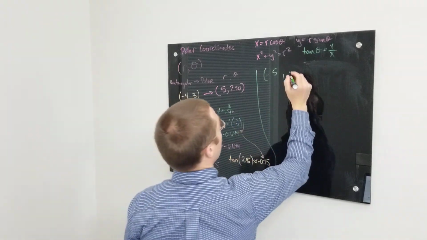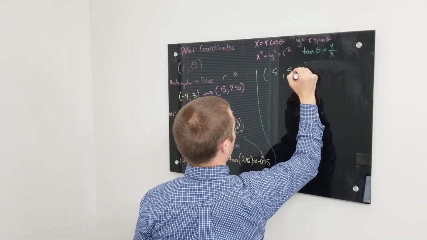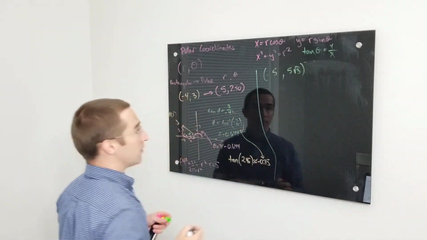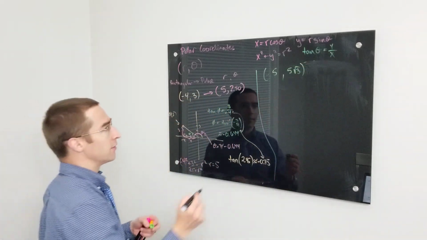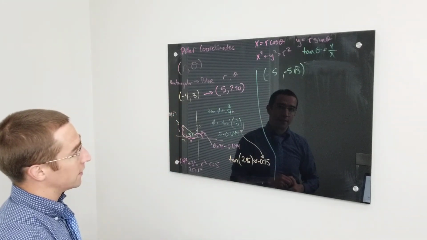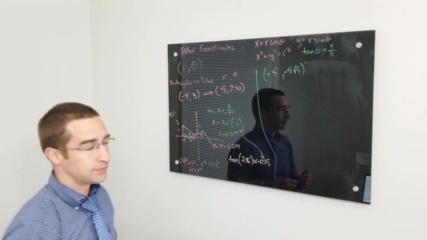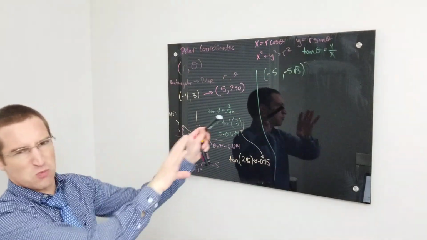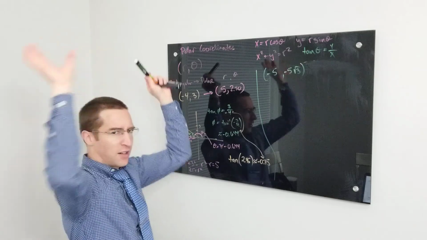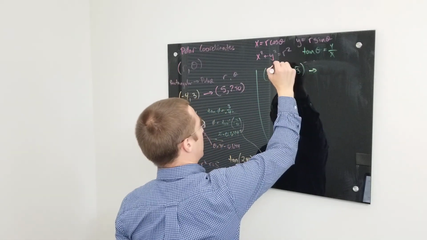Sorry. And then 5 square roots of 3. I think that'll be fine. Negative that. Yeah, there we go. Let's make them both negative. Regardless, just go with it. Okay, sorry.